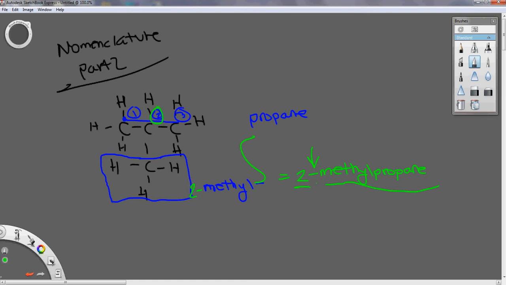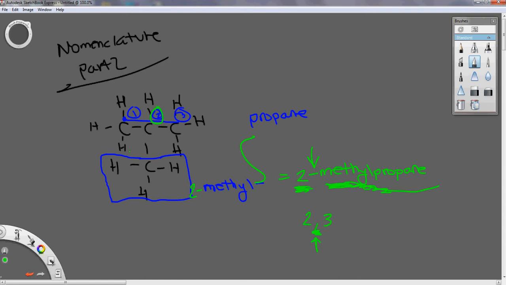So one thing to always remember is between a number and the actual name and words, there'll be a hyphen. If you have more than one number, there's going to be a comma. We'll definitely see examples of the comma, but just things to remember and try your best to recall. Comma between numbers, hyphen between a word and a number.